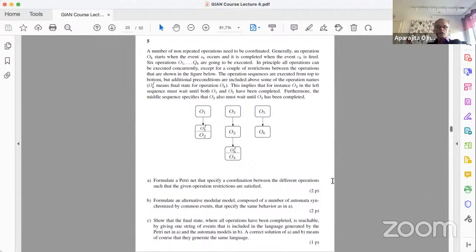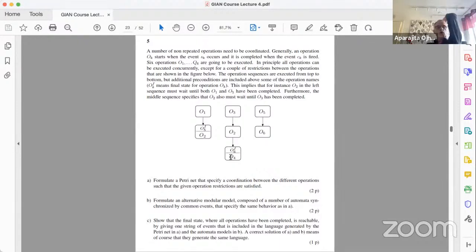And in this figure, I introduced 2 ways to describe a precondition. First, let's take this one. To start O2, the operation O3 must be completed.